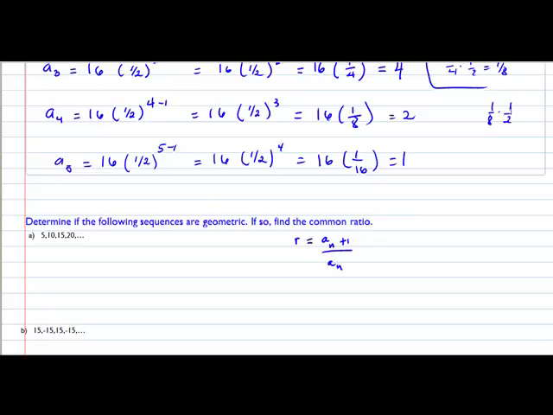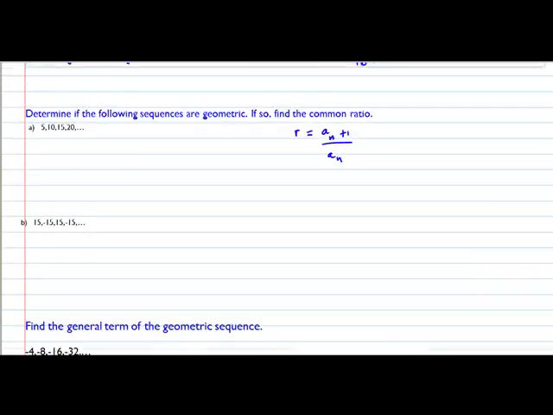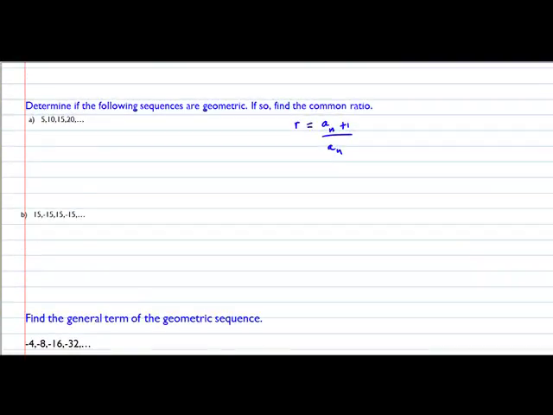Next example, I will show you how to determine if the following sequences are geometric or not. If so, we want to find the common ratio. And to do that, we use the definition of geometric, that r should be a sub n plus 1 over a sub n.